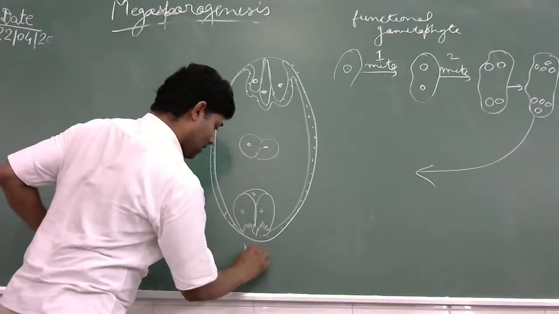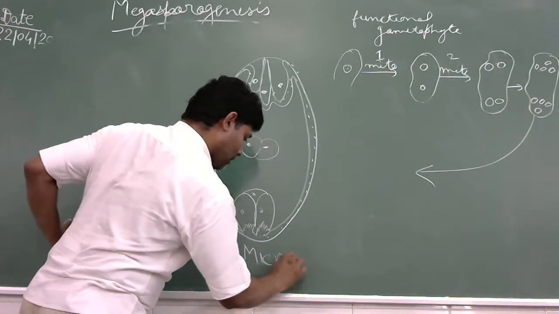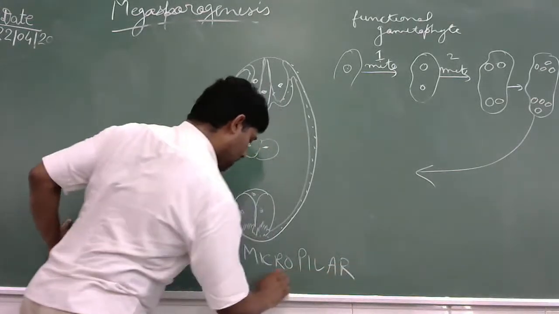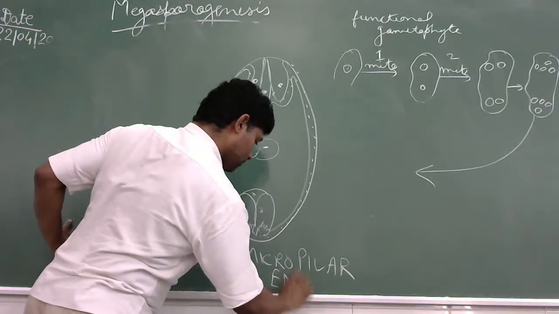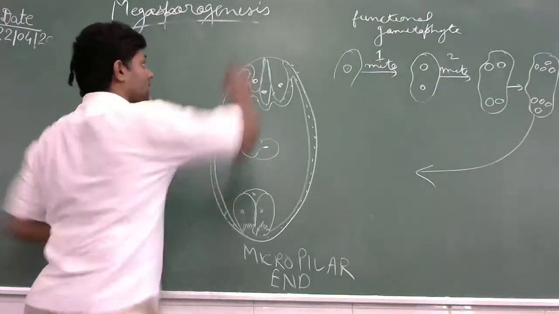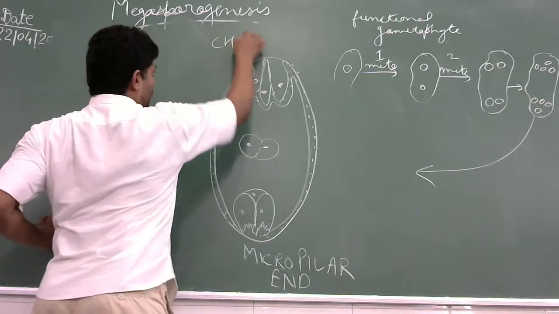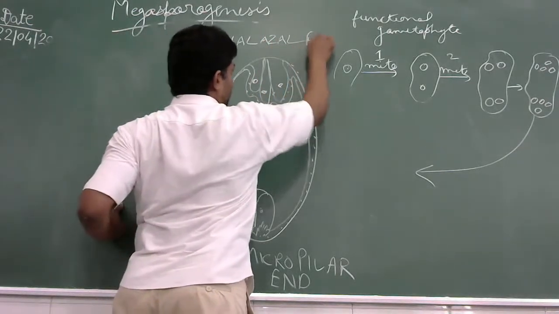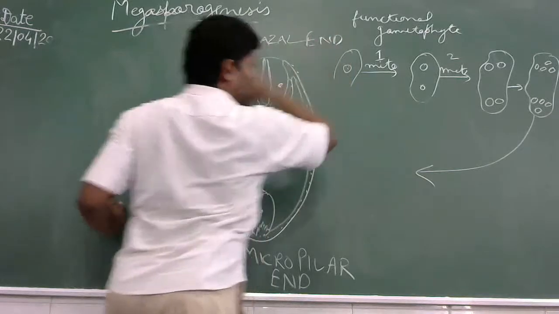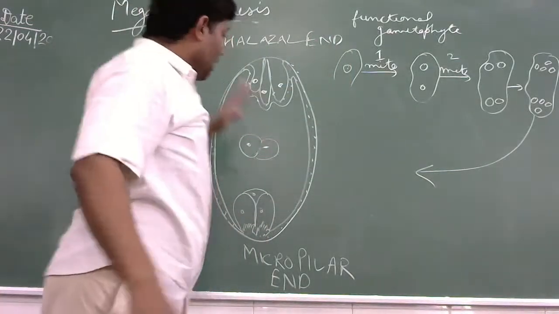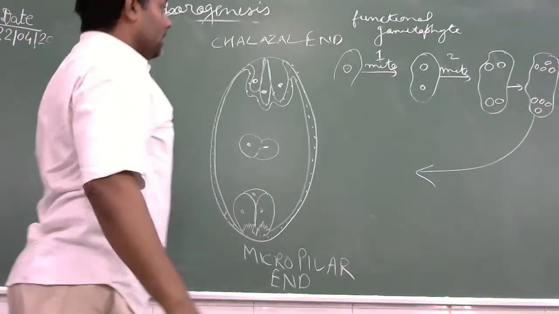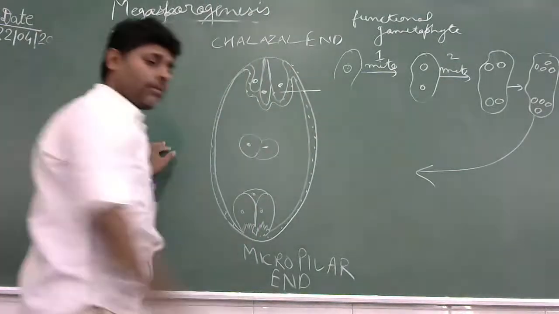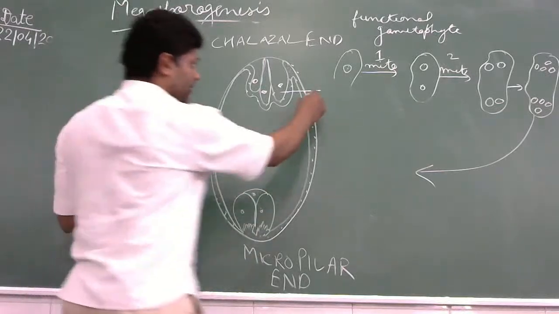This is the micropyle, and this is the cell wall. Okay, this is the structure of the mature embryo sac. Here, the top three are the antipodal cells.